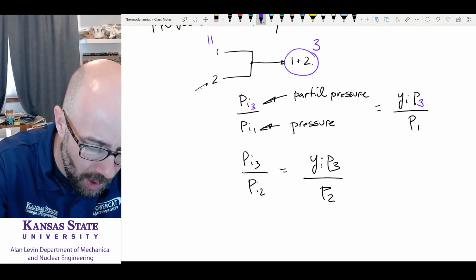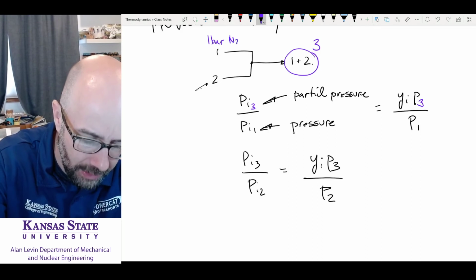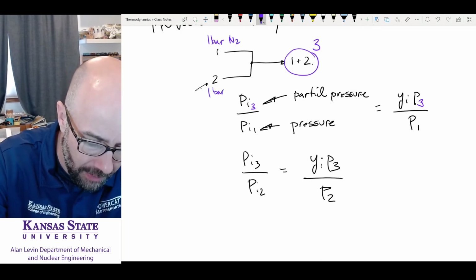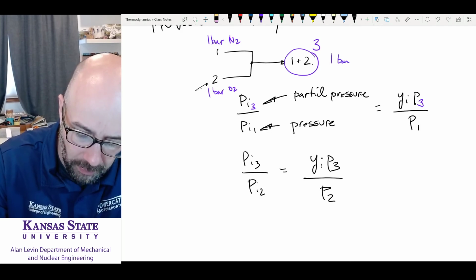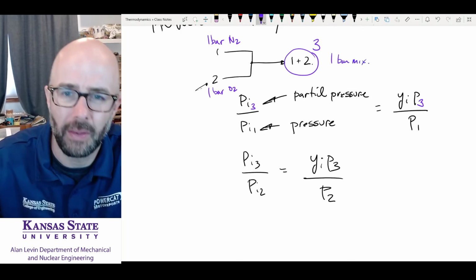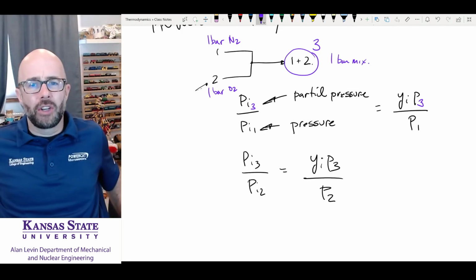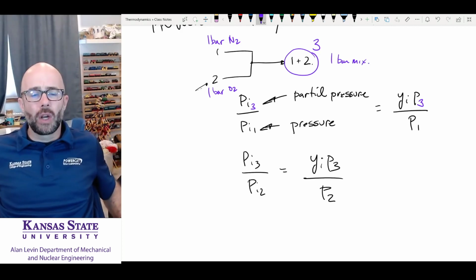If I had 1 bar of nitrogen, and I had 1 bar of oxygen, and I come out and I have 1 bar of mixture, okay? 1 bar of nitrogen, 1 bar of oxygen coming in and creating 1 bar of mixture.